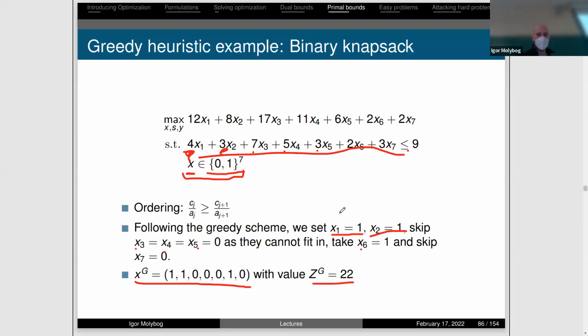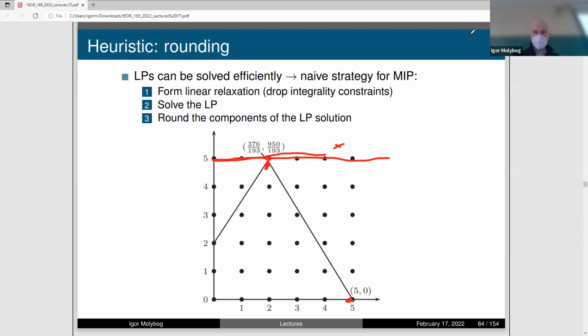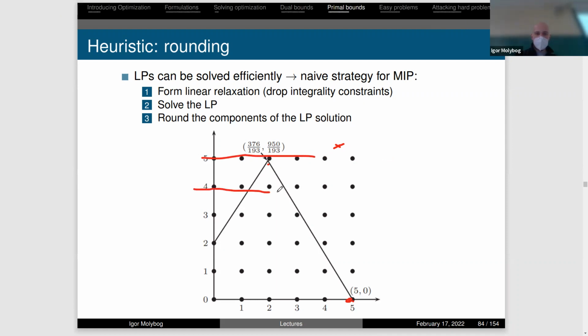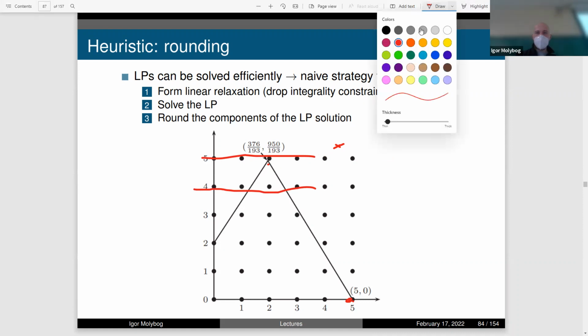In case of this example right here, we would likely change our problem by adding two new constraints, which would be putting us into the box over here, and also over here.